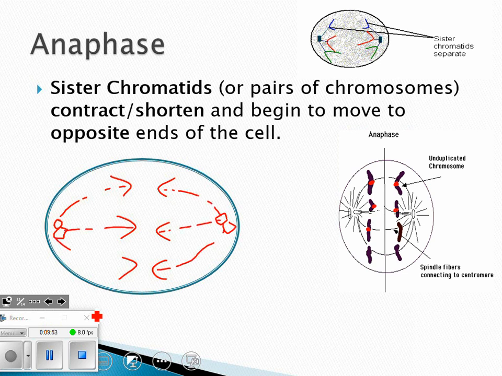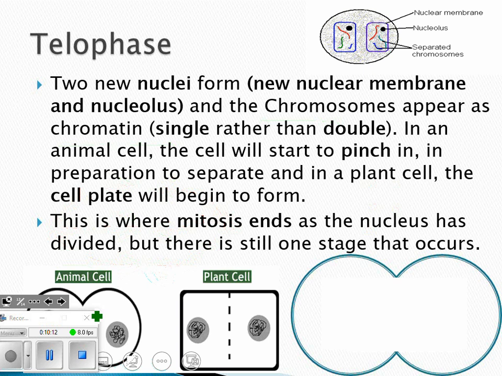So these spindle fibers will start to shorten, and these chromosomes will start to separate and be pulled to either side of the cell. Okay, so you're going to see a picture where they're starting to move to opposite sides of the cell.